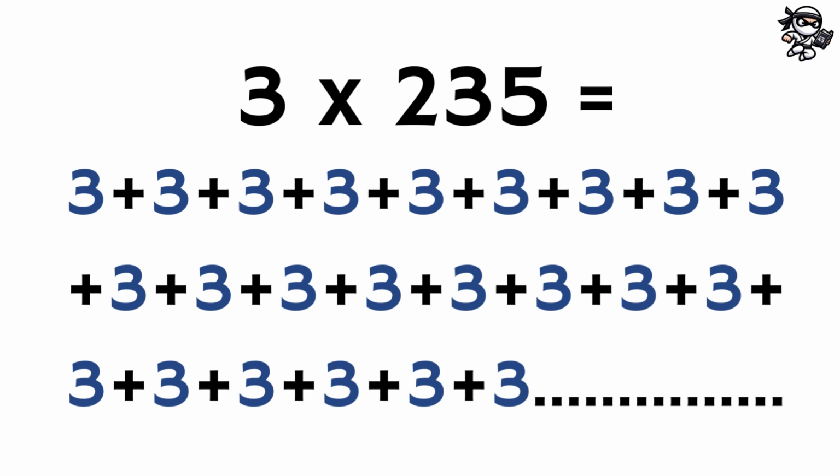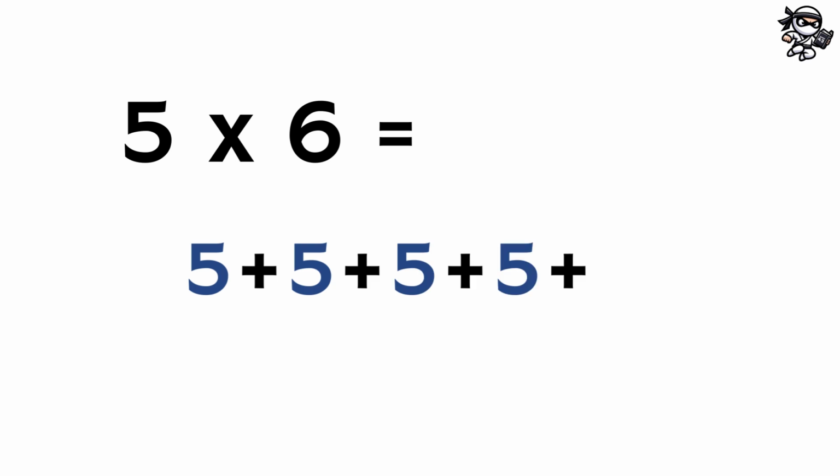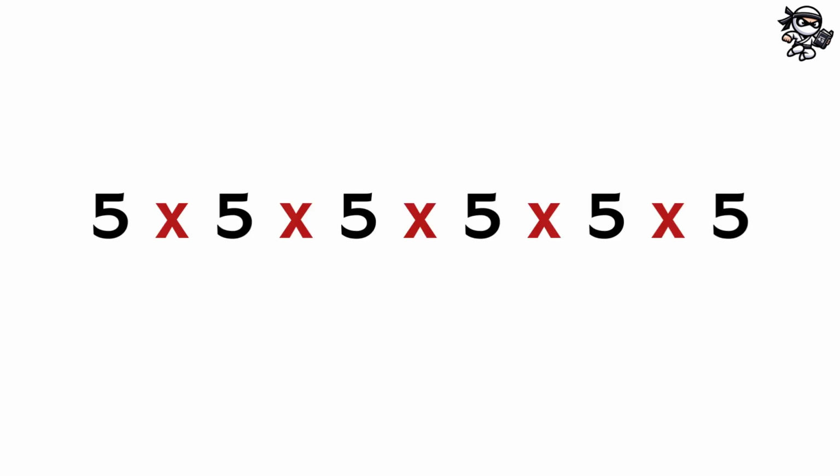Okay, so what about exponents? Well, exponents are used when we want to describe multiplying the same number many times in a row. Going back to our first example, we know that 5 times 6 means 5 plus 5, 6 times. But what if instead we wanted to write 5 times 5 times 5 times 5 times 5 times 5?